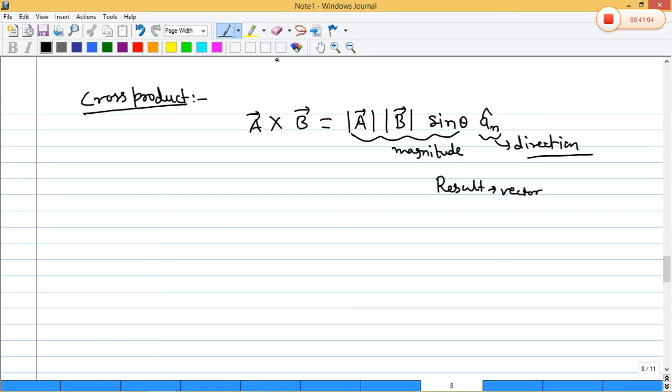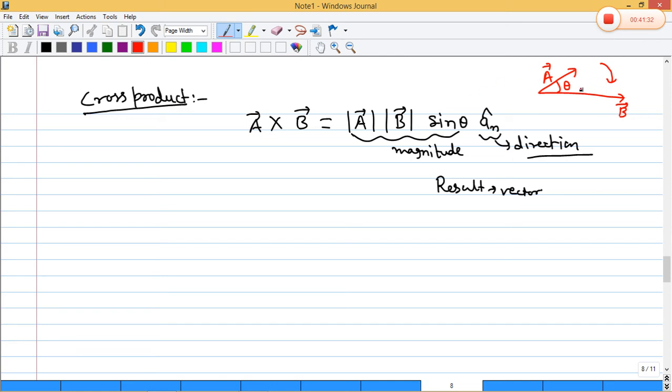Means like this. If A vector is here and B vector is here, and the angle between them is theta, so for A cross B, I will put the direction here. Why?